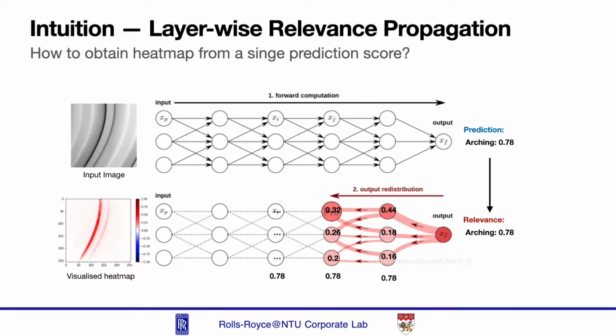Notice that between each layer, this total relevance score 0.78 remains constant. Continuing to do this, we will be able to map the relevance to the initial input, and we can construct our heat map based on that.